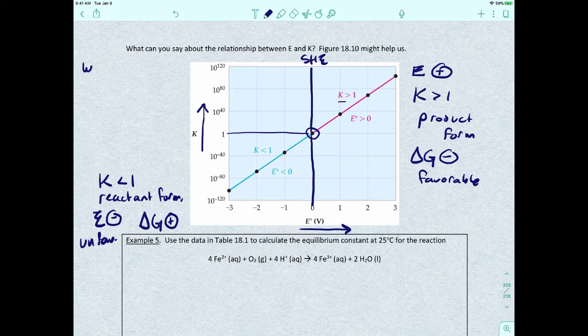So when we truly are at equilibrium, there is no voltage being generated.